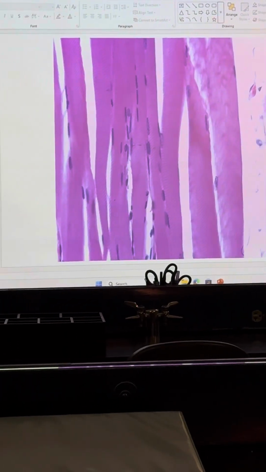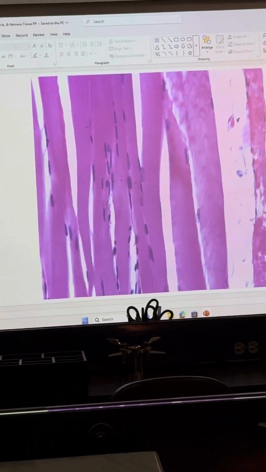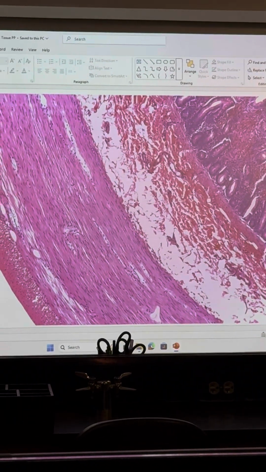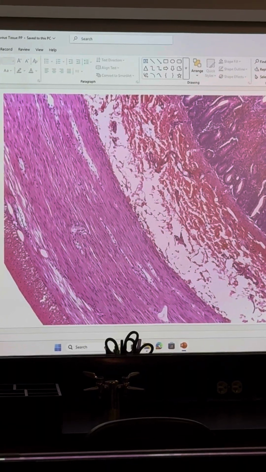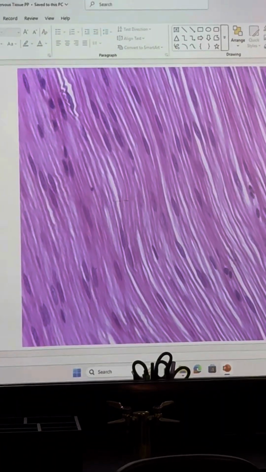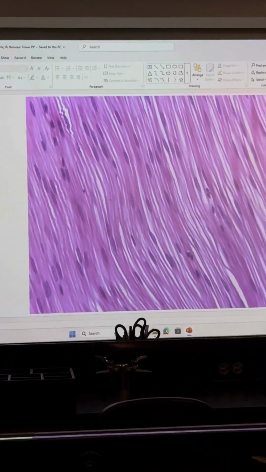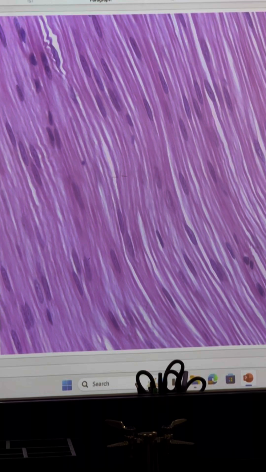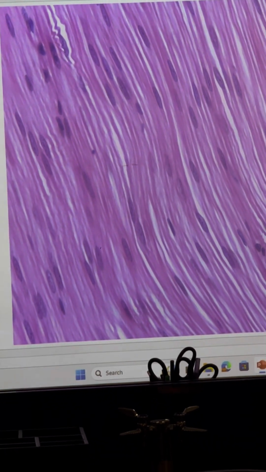Okay, let's do this one right here. Look toward the left, okay? And then we'll get a little bigger there. What is that? I'll give you a hint. It's another type of muscle. Smooth. Don't get that confused with the collagen. This is not collagen.